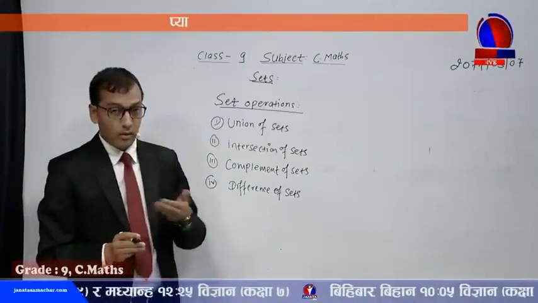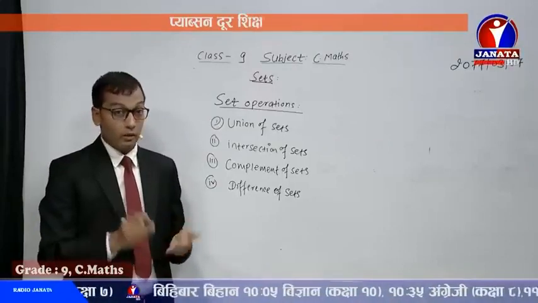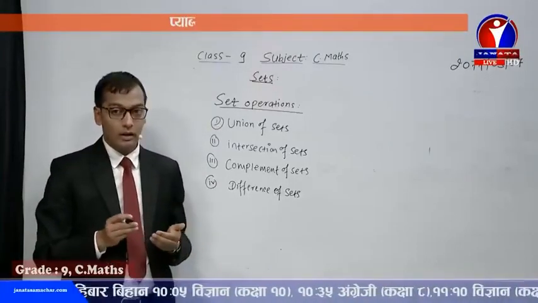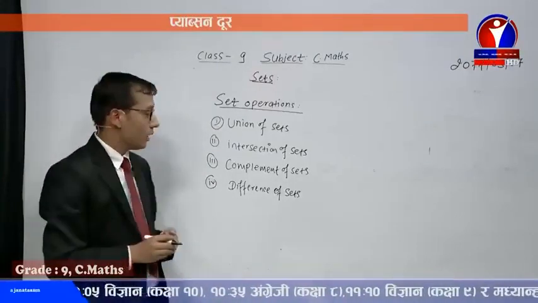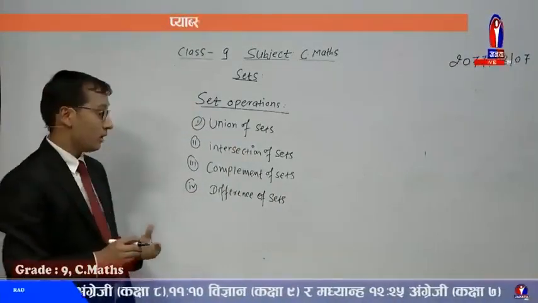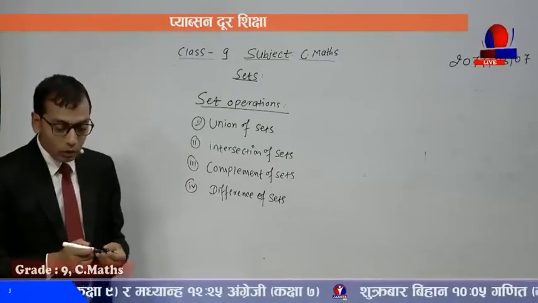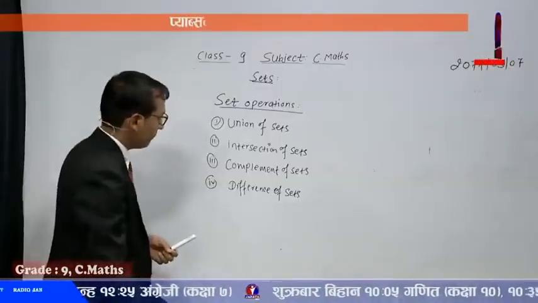And at the same time, simultaneously, I will be showing the diagrams, like Venn diagrams, to know what the diagram of different set operations, union, intersection, complement, and difference of sets, looks like. Now let me go one by one.